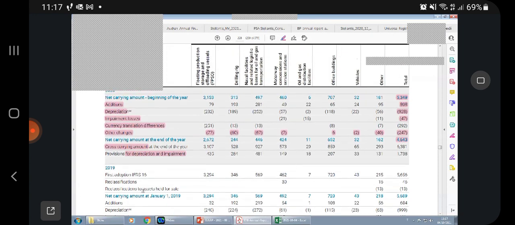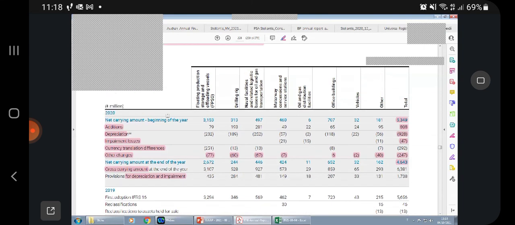Generally speaking, other changes are modification in the right of use asset due to the modification to the contract, or, for example, a new consideration of the options to terminate or to extend the contract.